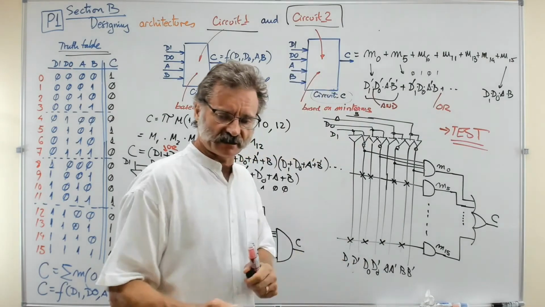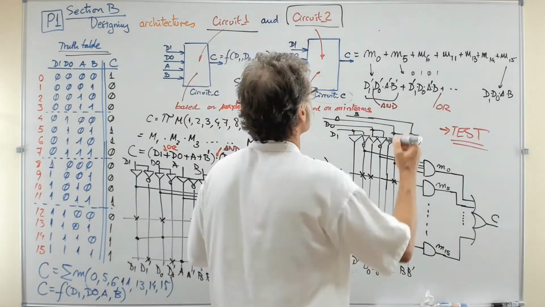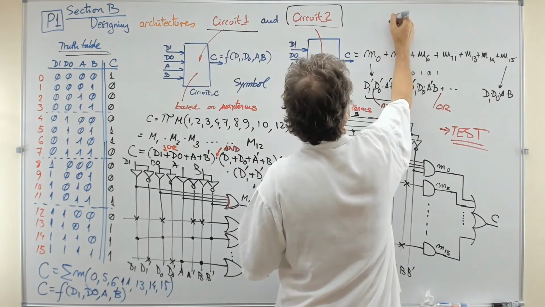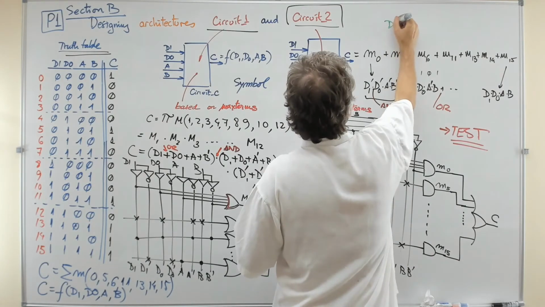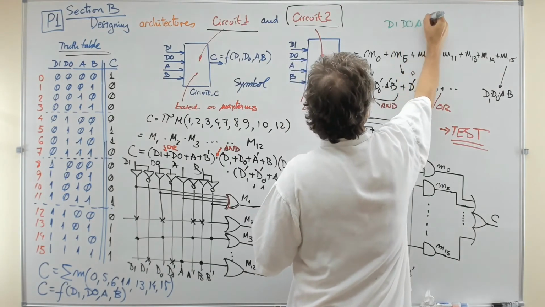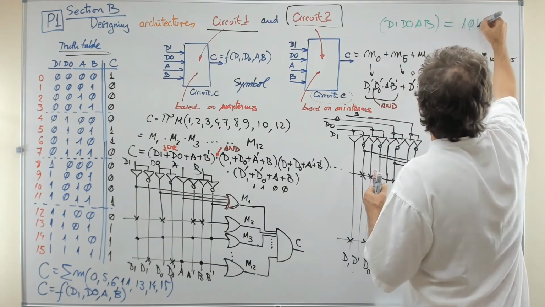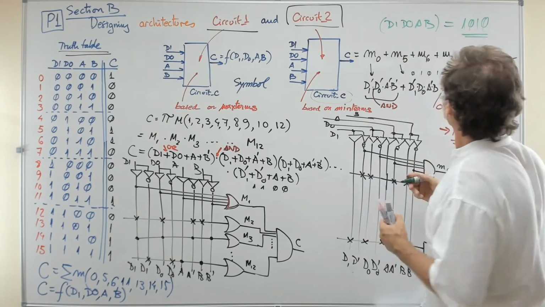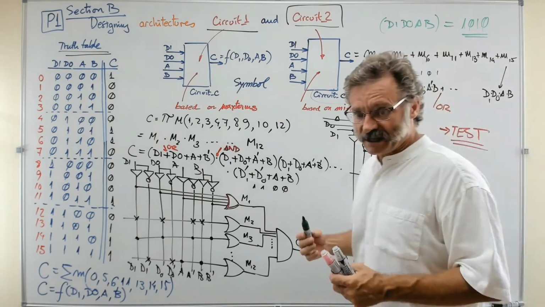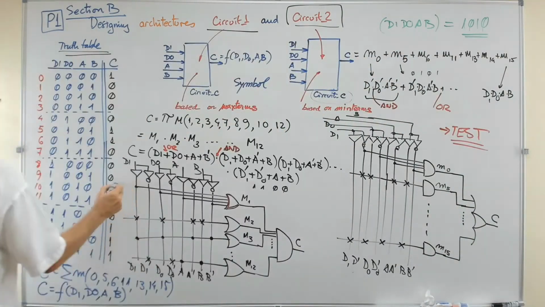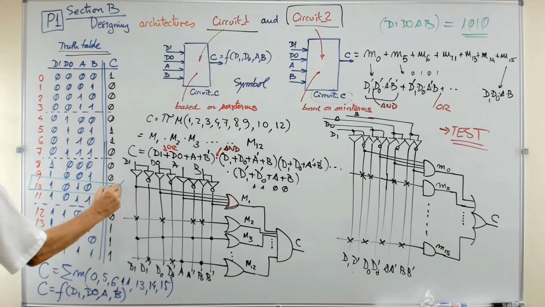You take another color, and for example, you can imagine now that you have these inputs. So D1, D0, A and B become something like, I don't know, 1, 0, 1, 0. So this is the 10, you see? You know now that the combination number 10 has to give you a result which is a maxterm.